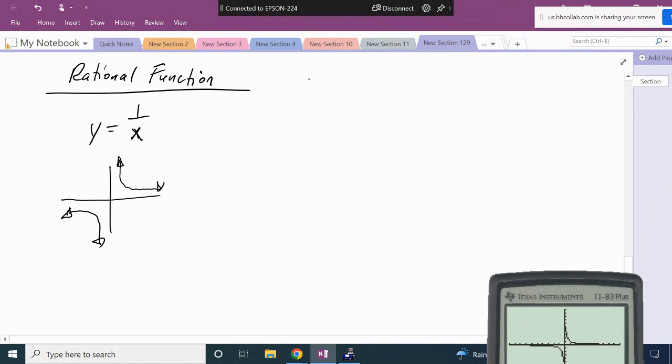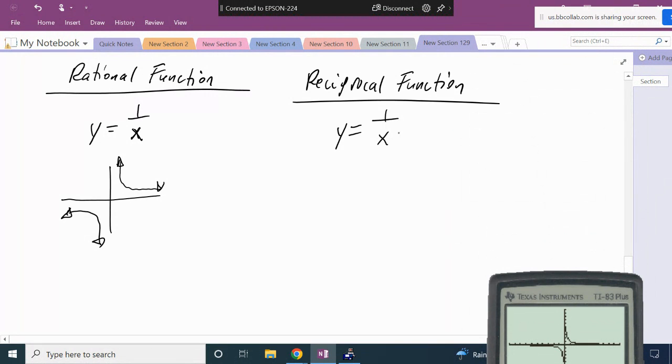The next function we're going to look at is the reciprocal function. The reciprocal function is written in the form y is equal to 1 over x squared, and it looks something like this.